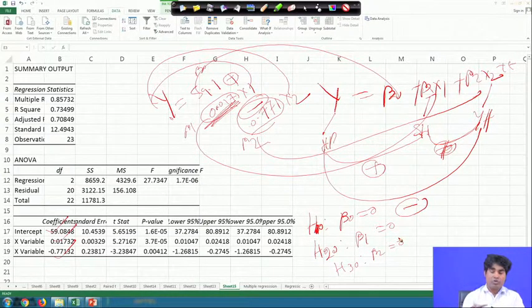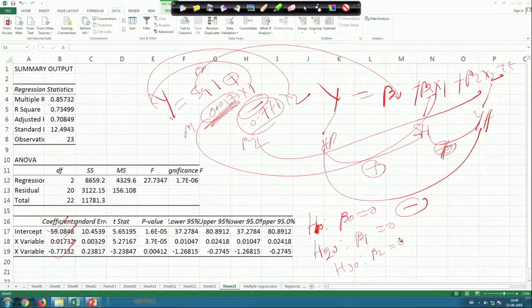Then accordingly you can apply t statistics and check whether beta 0 is actually 0 or not 0, and whether it is statistically significant or not significant. Similarly for beta 1 and similarly for beta 2, and for that you can apply t statistic, fix the probability level of significance at 1%, 5% or 10%.